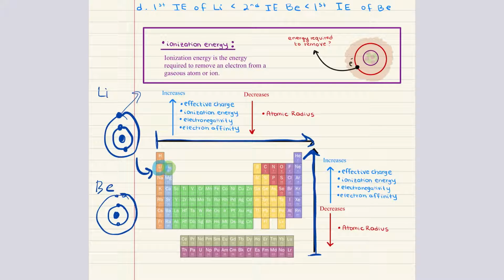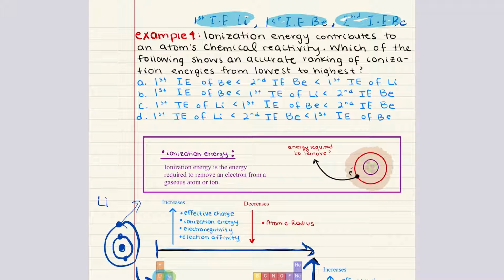For beryllium, with 2 electrons in its outer shell, that first ionization energy is going to be higher because it's slightly more challenging to remove an electron from a more stable configuration. So comparing just the first ionization energy of lithium and of beryllium, the first ionization energy of beryllium is going to be higher.